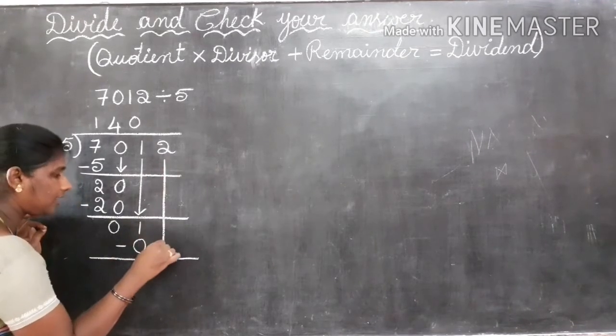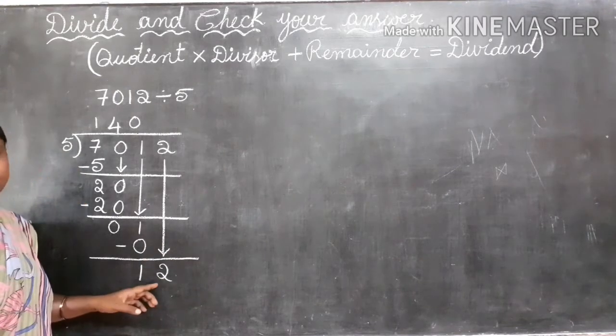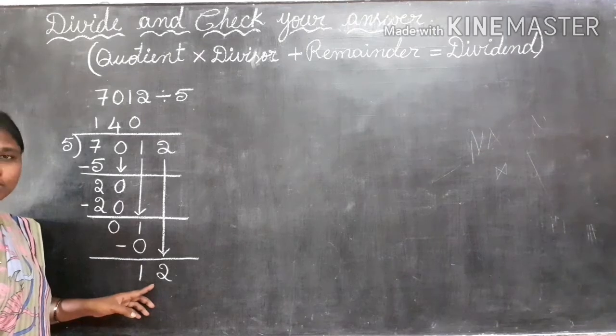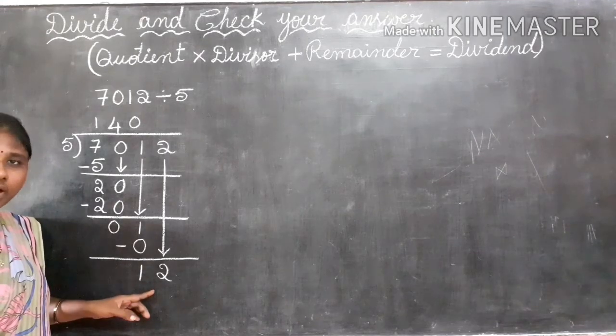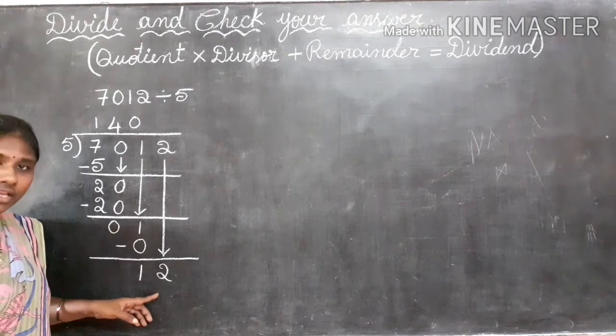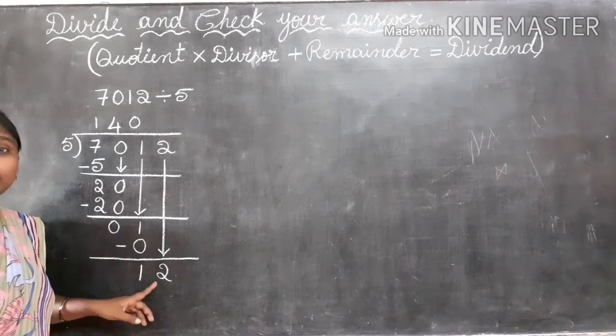Next we have to take 2. 12 it is now. 5 times 12, where it will come we have to check. 5 ones are 5, 5 twos are 10, 5 threes are 15. 15 is more than 12.